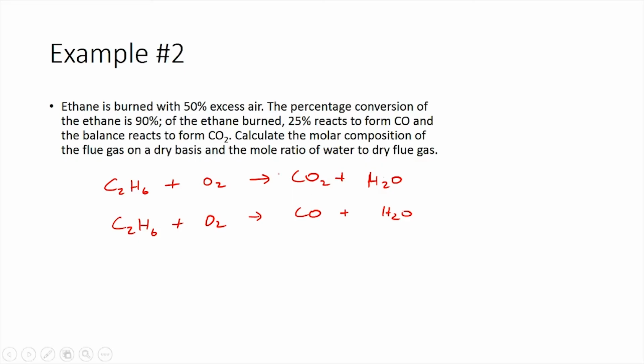Now, let us balance these two equations. We have two atoms of carbon, so this becomes 2, and to balance hydrogen we add a 3 here. Finally, to balance oxygen it would be 7/2, and similarly 2, 3 and you have 5/2. So, these are the two balanced equations for the complete and partial combustion reactions.